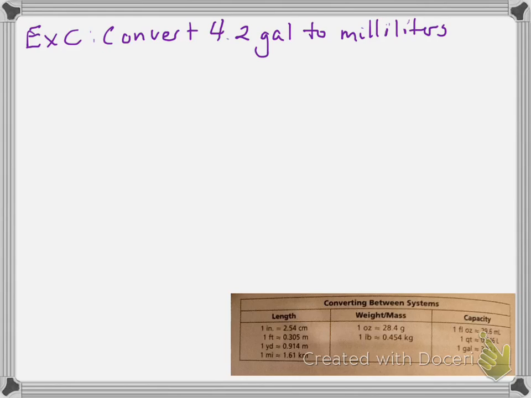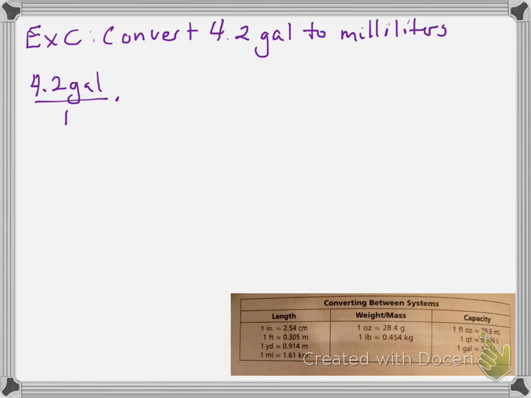So we've got a couple steps here. We're starting off with our 4.2 gallons over 1. So I need to go from gallons to milliliters. So I need to see on my chart down here what could be used.